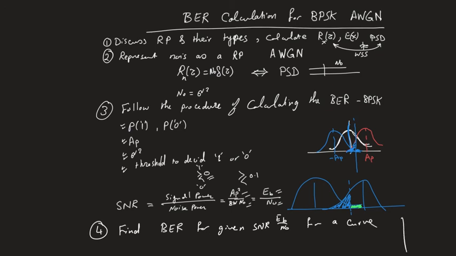So you'll be given the curve of the bit error rate versus SNR, right, versus EB over N naught for a particular modulation, and then you are asked for a given SNR, what's the corresponding bit error rate, or to get a certain bit error rate, what is the required SNR. You can get any one from the other.